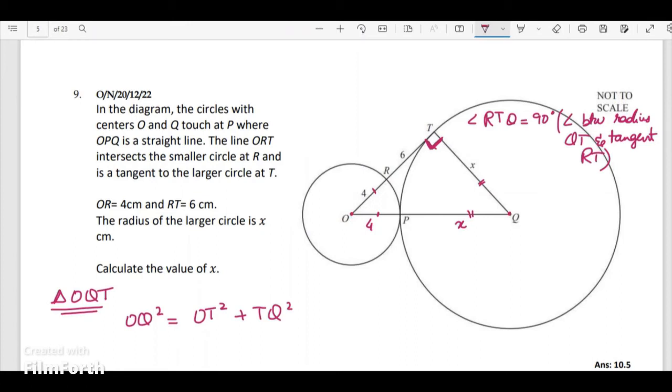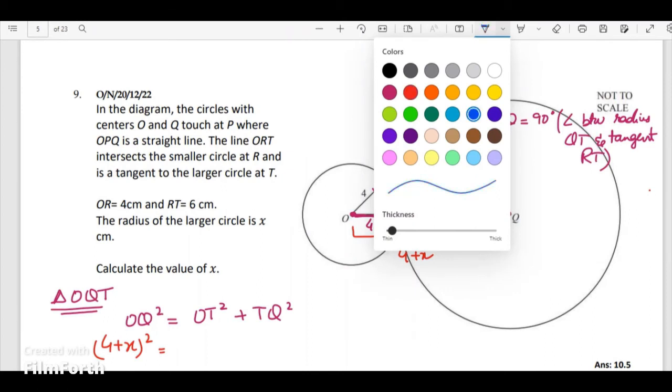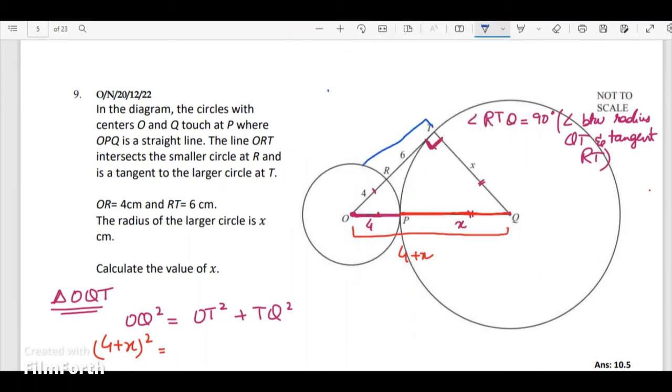So OQ is this whole length from here till here, OP is 4, and from P to Q, this is X. So the complete length over here would be 4 plus X. So 4 plus X whole squared would be equal to OT, this whole length here.